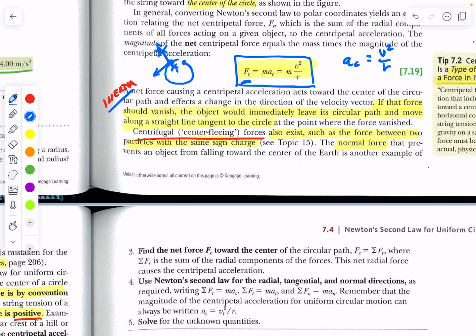Now, you may have heard the term centrifugal force. In fact, in chemistry, we often use a centrifuge. And a centrifuge is a device which can spin test tubes very quickly, thousands of times a minute sometimes, in a circle. And the idea is if there's any type of precipitate or solid in solution, the inertia of that solid will try to go in a straight line, and eventually it'll end up being pushed to the bottom of the test tube.